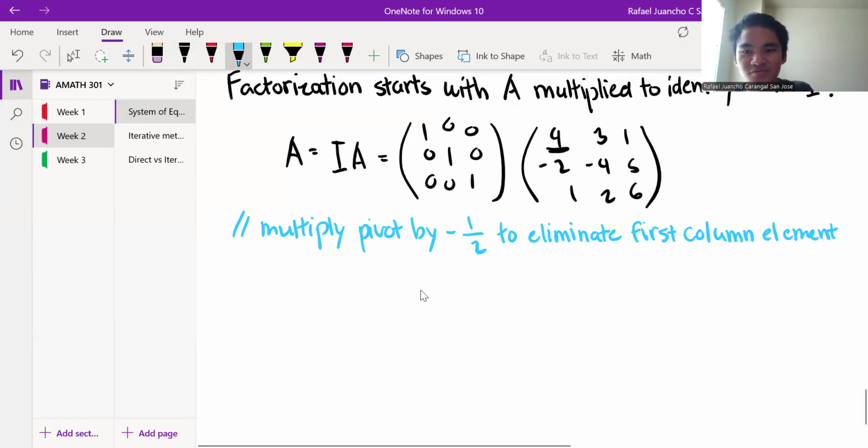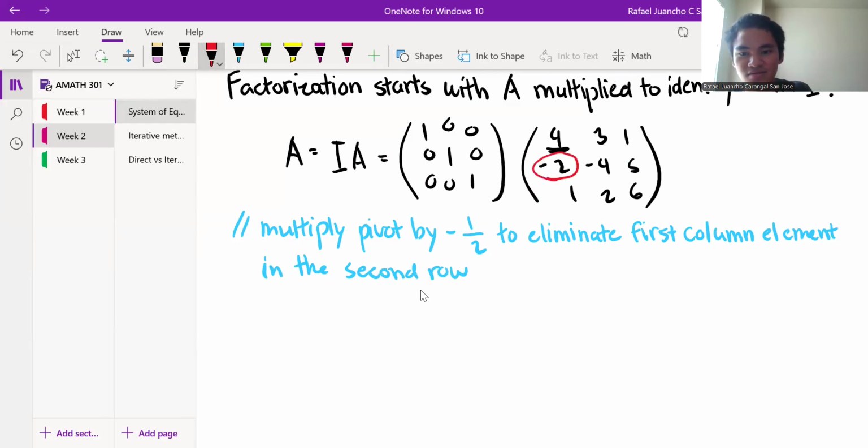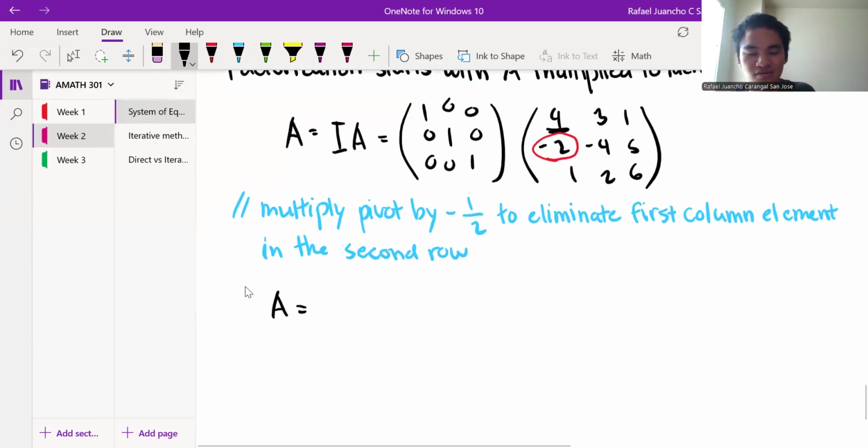So what's the first column? We're looking here in the second row. So we're multiplying to eliminate this thing, -2. And so this would give us A, which is now, well, this is still 1, 0, 0. But here in our next one, now it's -1/2. Which is funny.